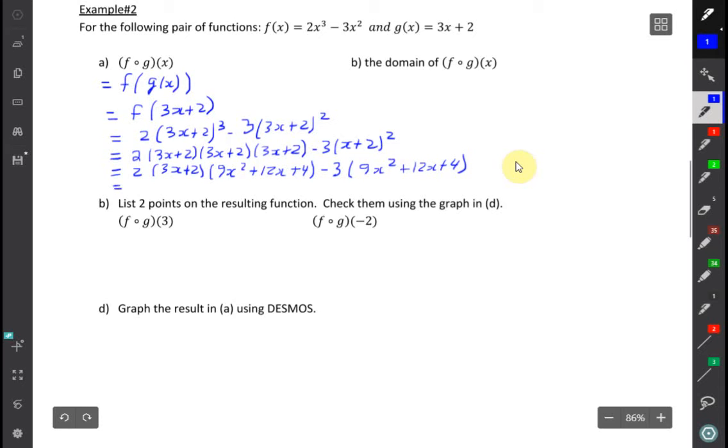Continuing on, we have 2, and then I'm going to multiply the 3x times each of these terms. 27x cubed plus 36x squared plus 12x.